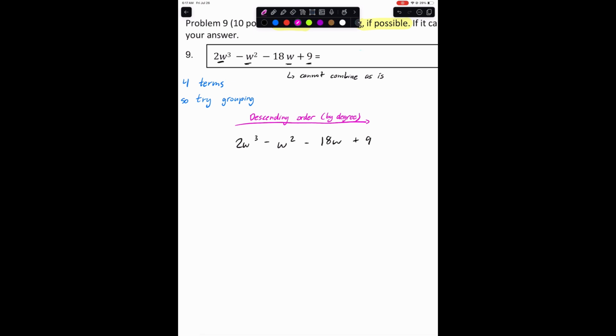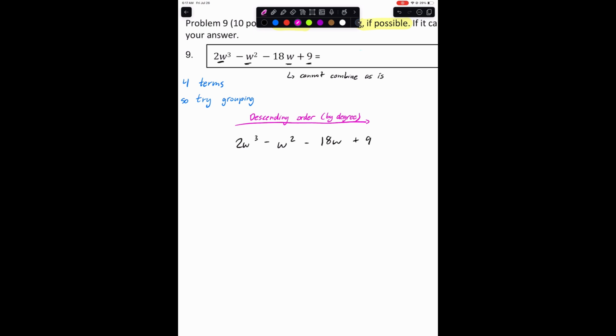If I wrote something like plus 9 minus 18w minus w squared, this is really weird for me to factor. So I prefer to write everything in numerical order, meaning the degrees are in numerical order: highest degree at the left, the lowest on the right.